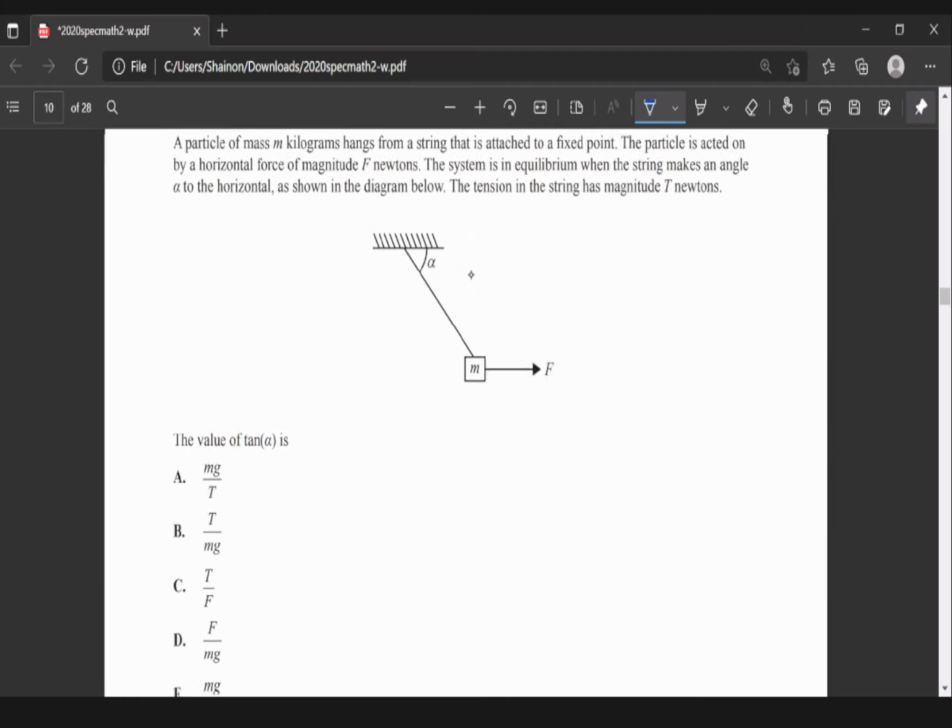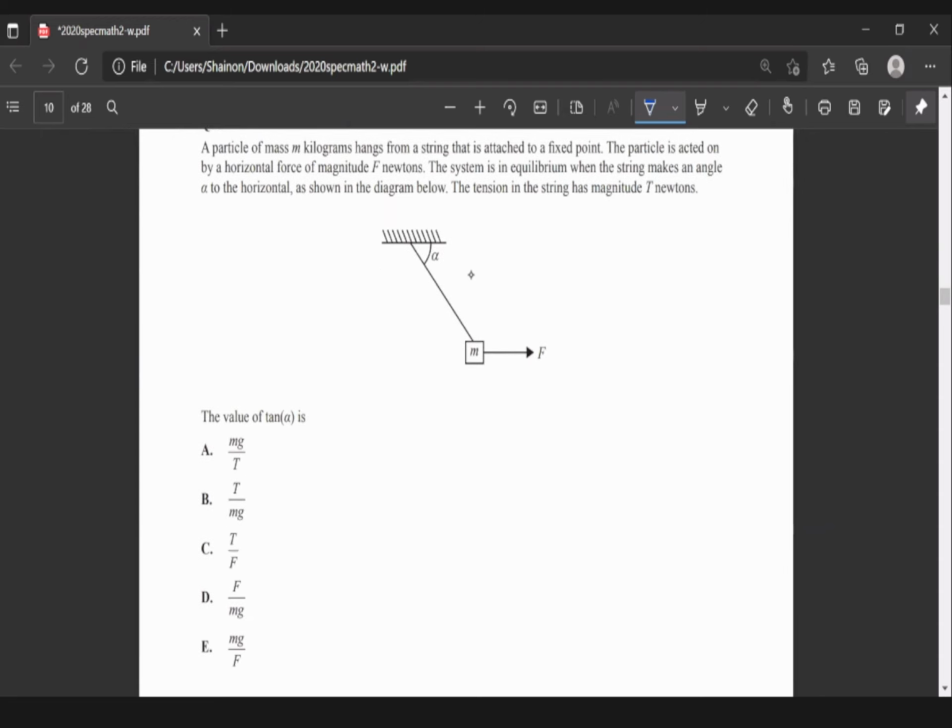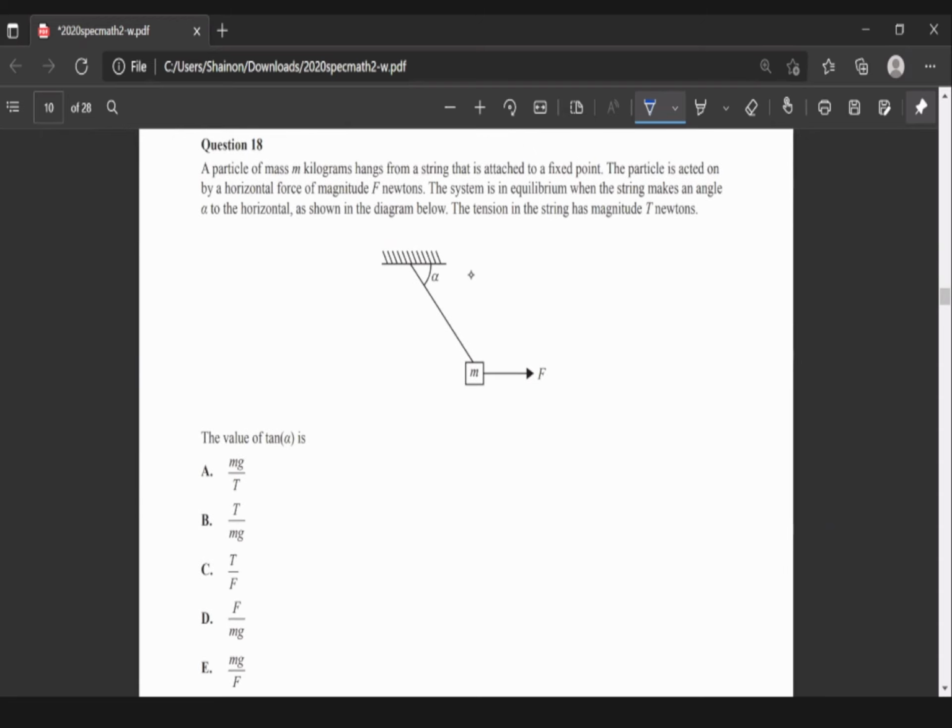18. Find the value of tan theta. Whenever we get a question like this, we have to resolve it into vertical and horizontal components. So T cos theta, it's in equilibrium.